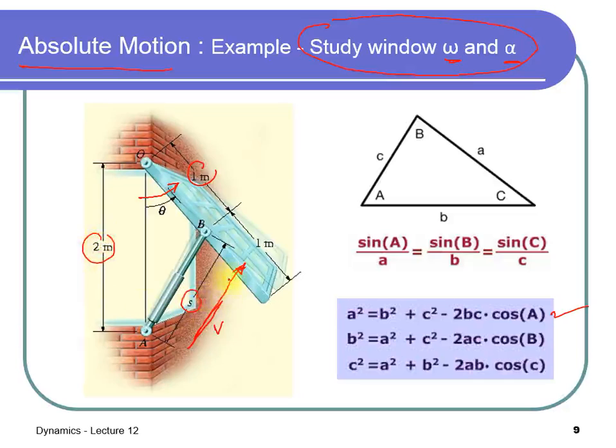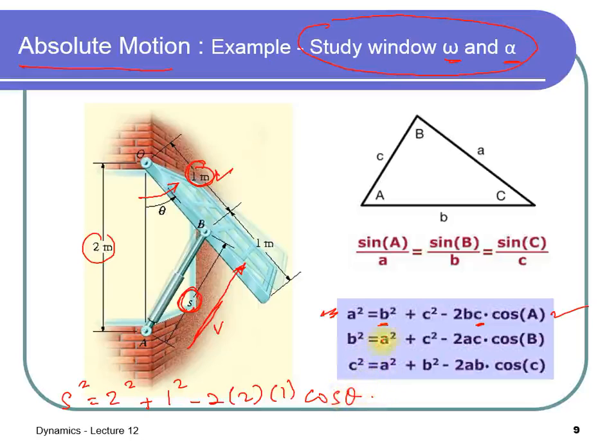So this is S. From this equation, S squared is B squared plus C squared minus 2 B C cos theta, where B is 2 and C is 1, with cos theta.